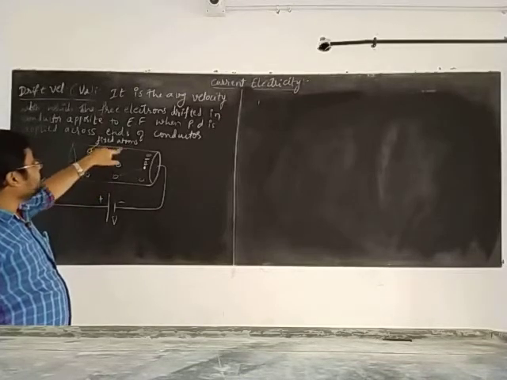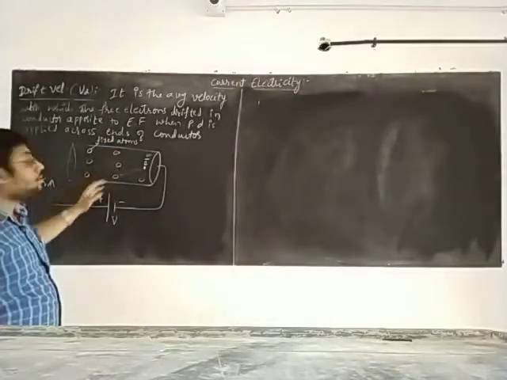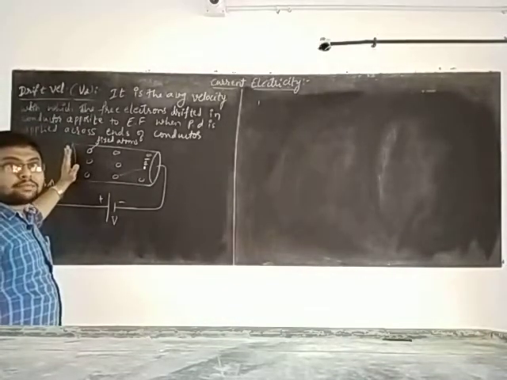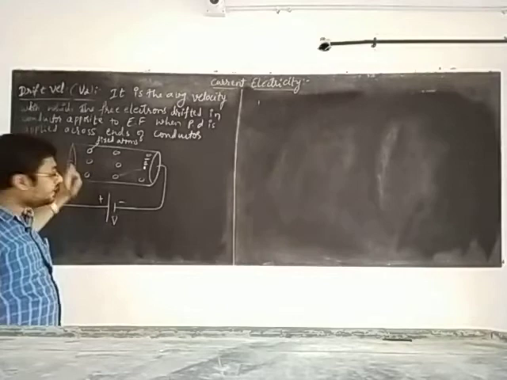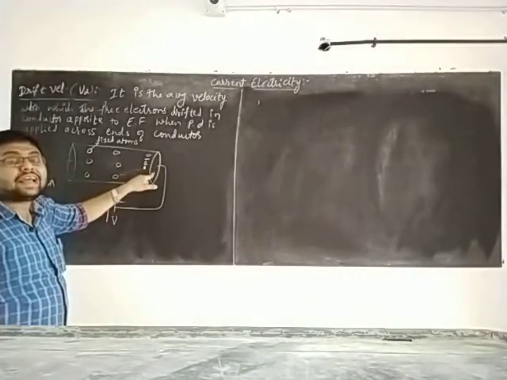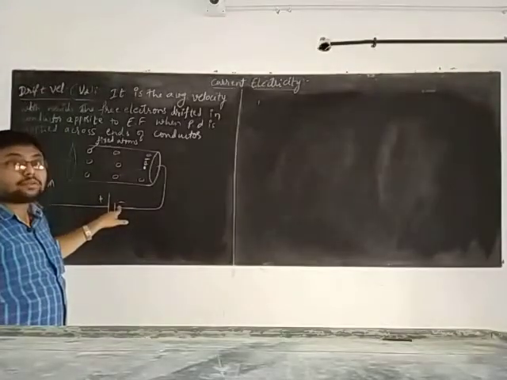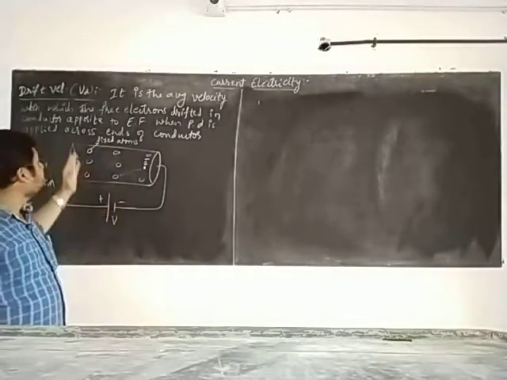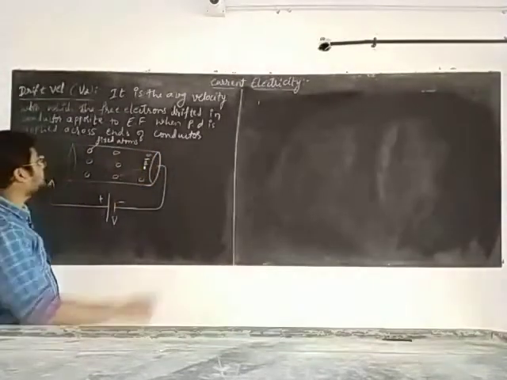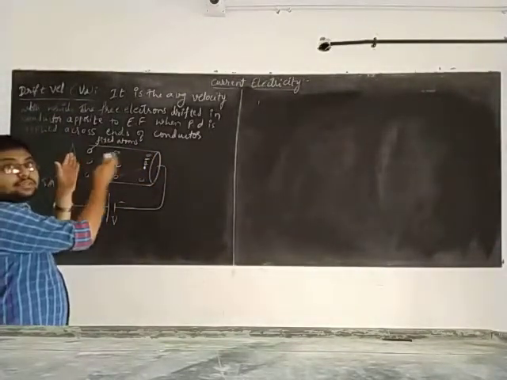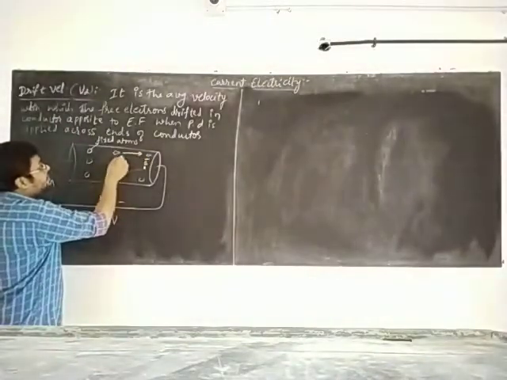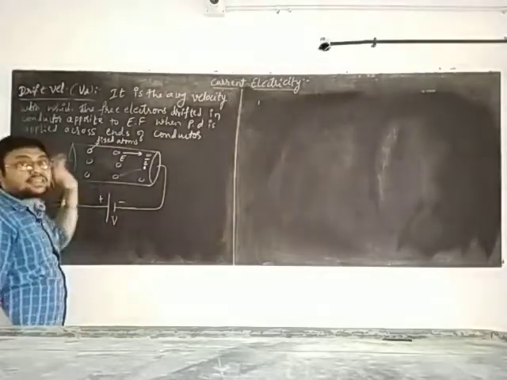An electric field will be set up inside the conductor because this terminal of the conductor becomes positive, as it is connected to the positive terminal of the battery, and this end of the conductor becomes negative, as it is connected to the negative terminal of the battery. Positive and negative have been separated by a certain distance, so the electric field will be set up inside.